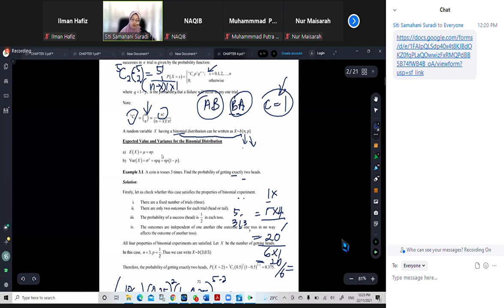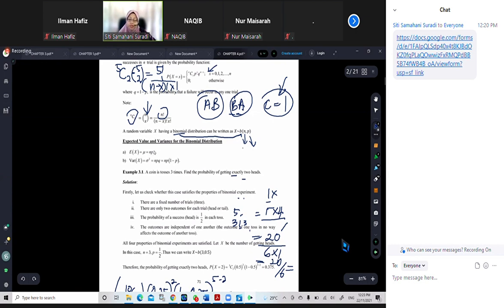This one you already learned actually in secondary school. E(X) equals mu, and to find the mean is the number of trials, not outcome, multiplied with the success probability value.